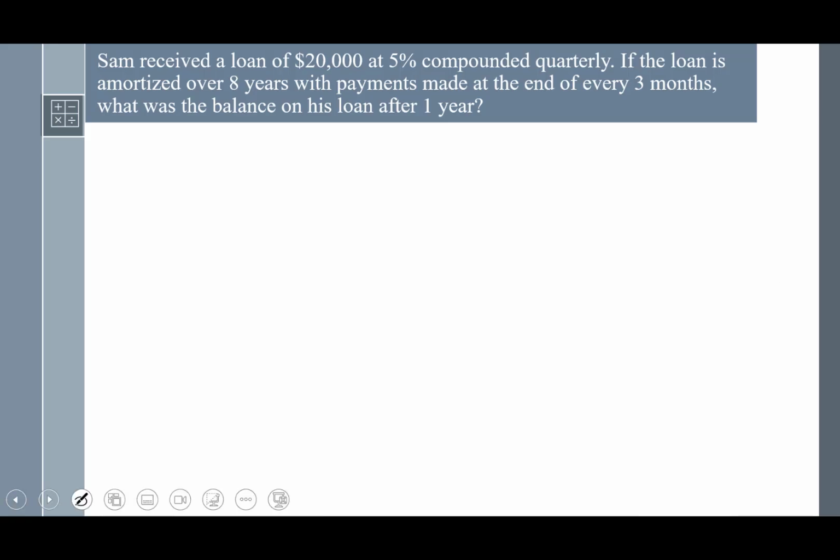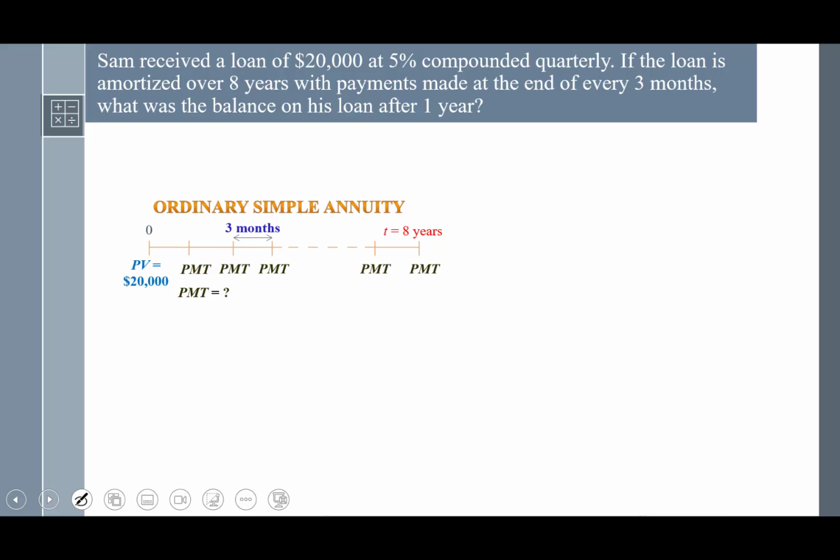So as I said, the first thing you have to do is, after identifying the annuity, enter the values in the calculator. We're going to calculate the PMT first, then we're going to go and find the balance using the amortization worksheet. To do that, it's similar to what we did with annuities before.